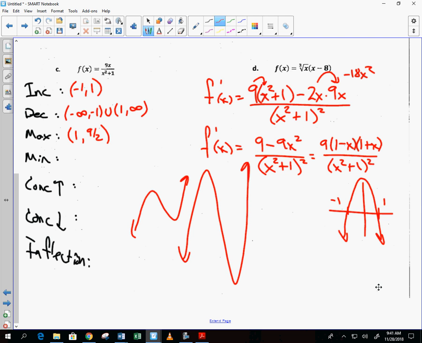Well, how high or low should I draw the max or min? Well, I just found. I draw it to a height of 9/2. This tells me the height, original function. I plugged in 1. 9 times 1 is 1, and then 1 plus 1 is 2.